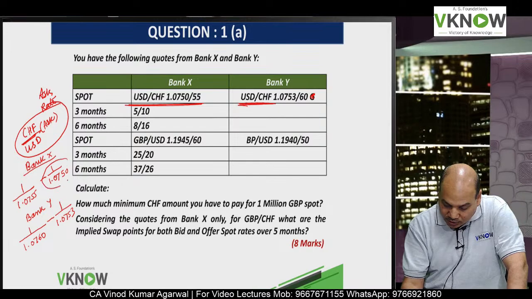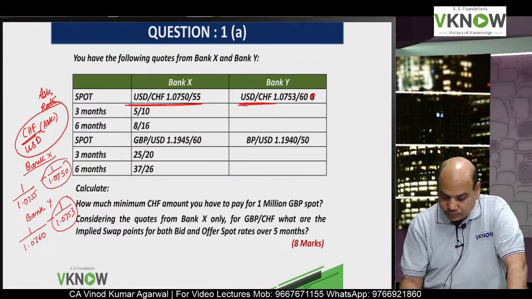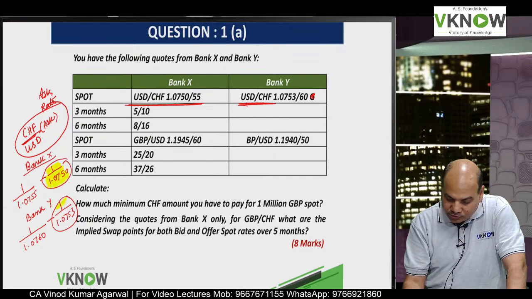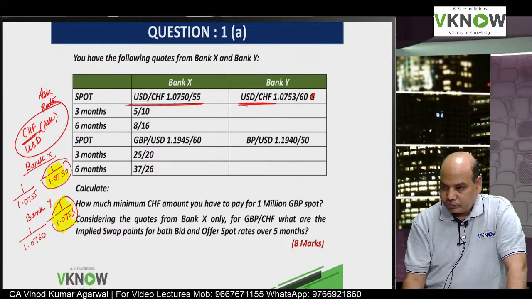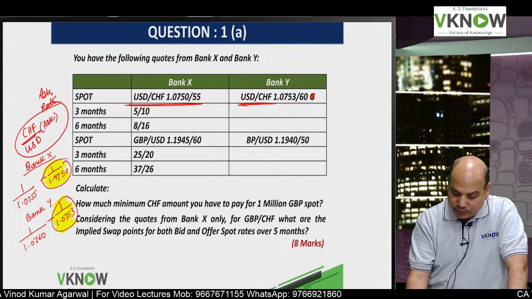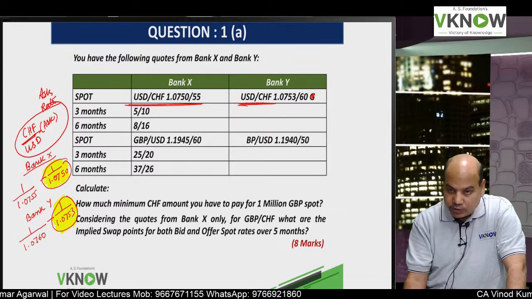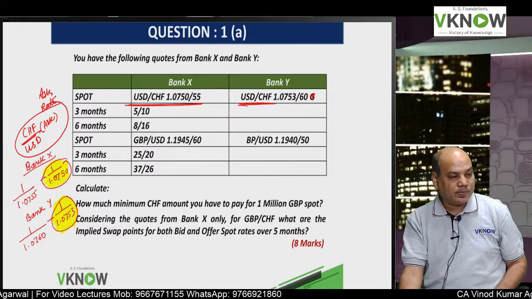So we have to make a choice between these two. I am going to highlight it. Which is the lower number? Is 1 by 1.0750 lower, or 1 divided by 1.0753 lower? Please reply.